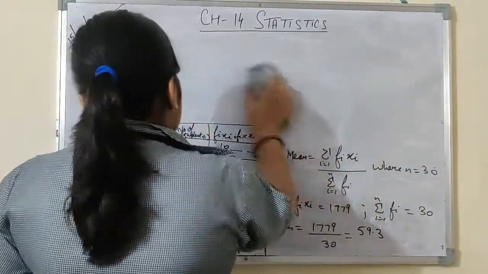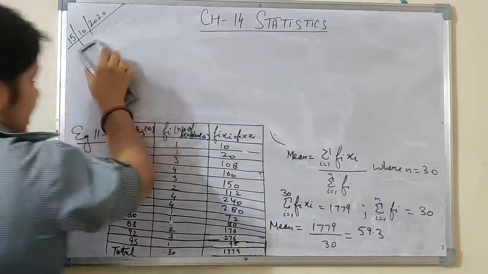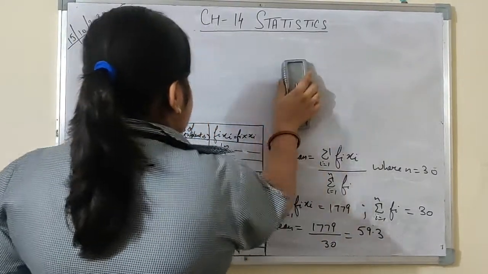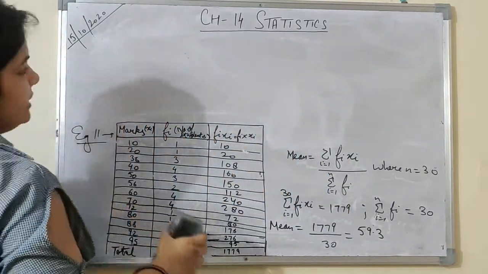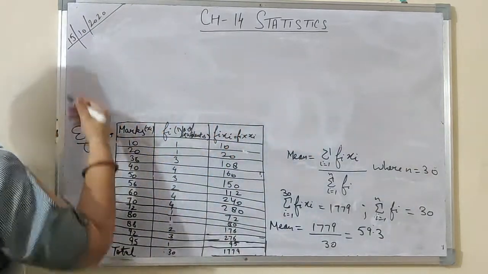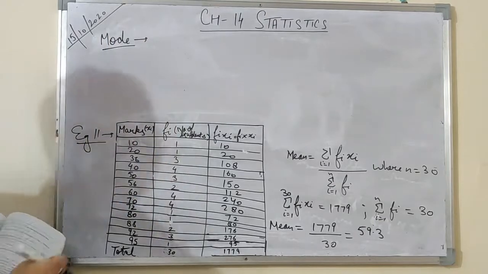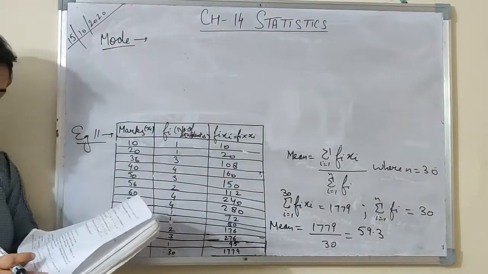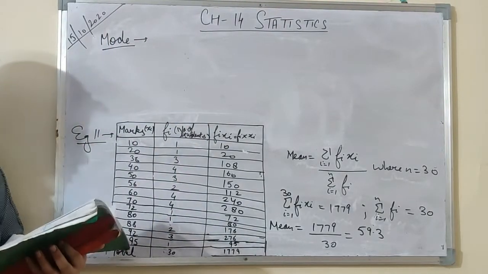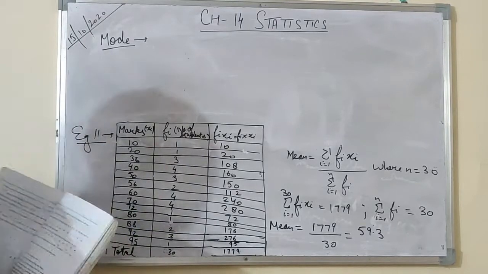Now the next question is, first of all, I will be telling you about mode. Now what is mode? The meaning of mode is frequently, or you can say the observation which occurs most frequently.